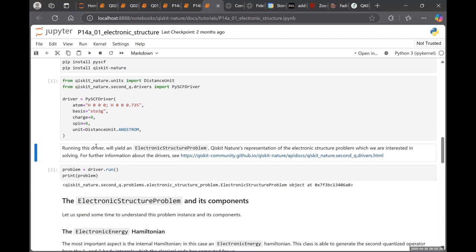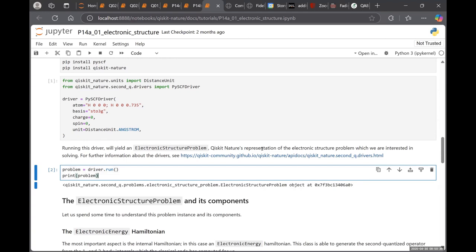So it says running this driver will get an electronic structure problem. Okay, so this is running this. This is Qiskit-Nature's representation of an electronic structure problem.